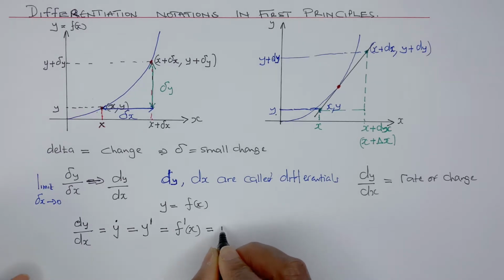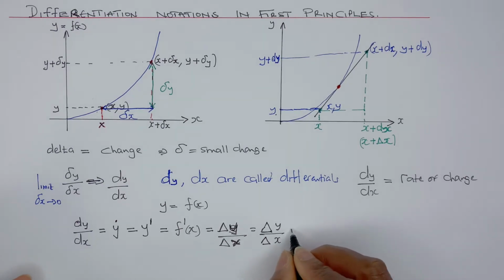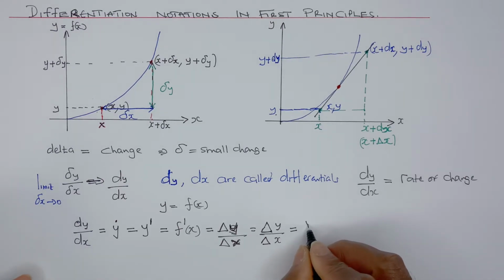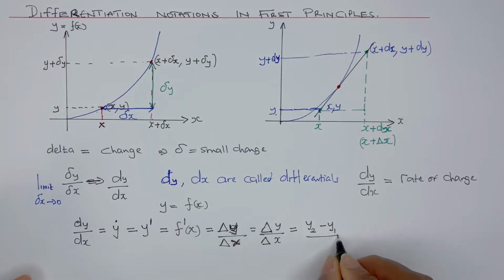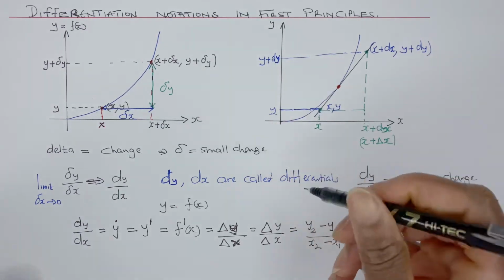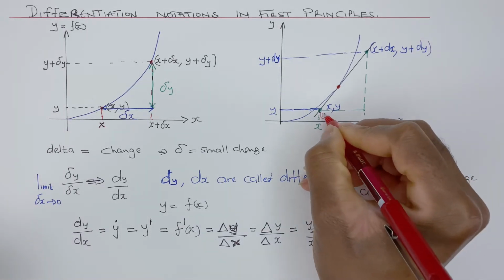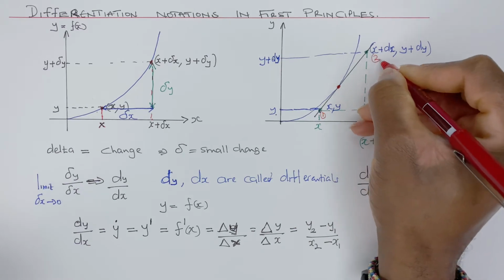Or you might see capital delta y over capital delta x, or you might see y2 minus y1 over x2 minus x1. So this is y2, this is y1, because the point here is 0.1, and that's 0.2.